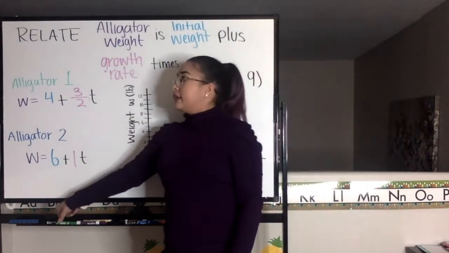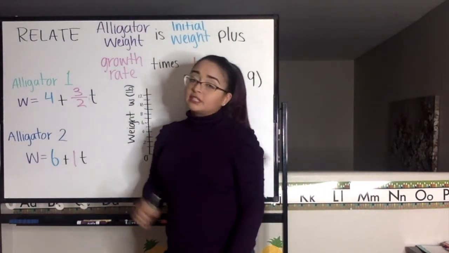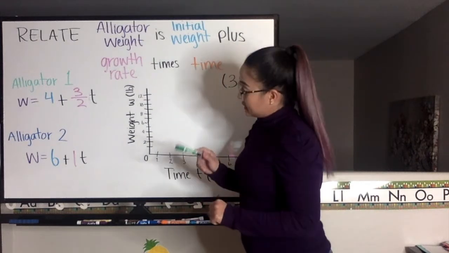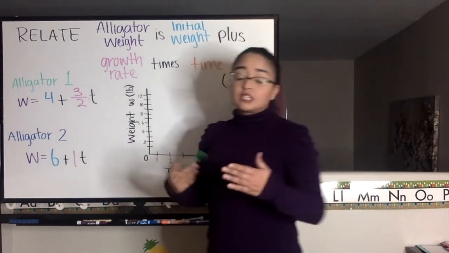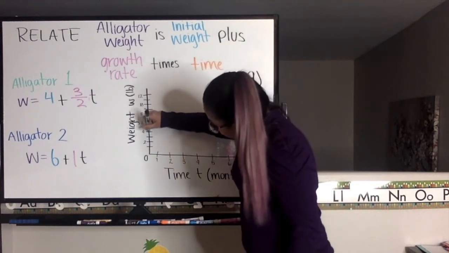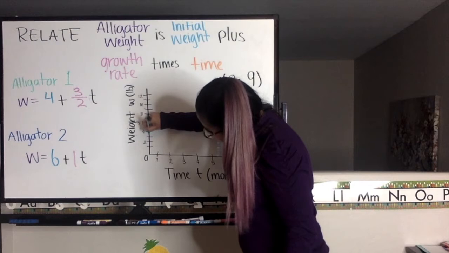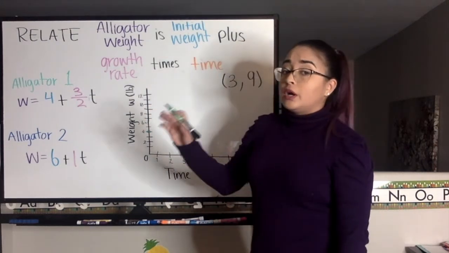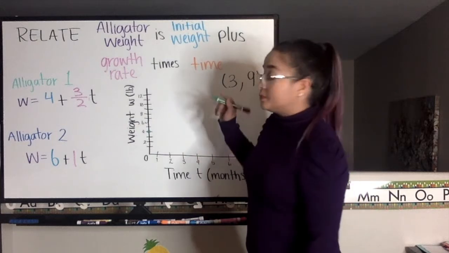Let's go ahead and graph our first linear equation, and that is going to look like this. We're going to start off with 4. That's going to be our first elevator, so we're going to go up 4. So right here is our first point. Next up, we're going to go up 3 and over 2.